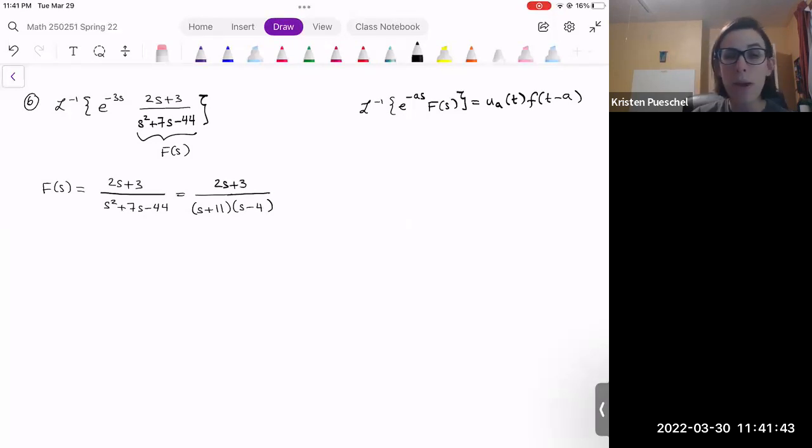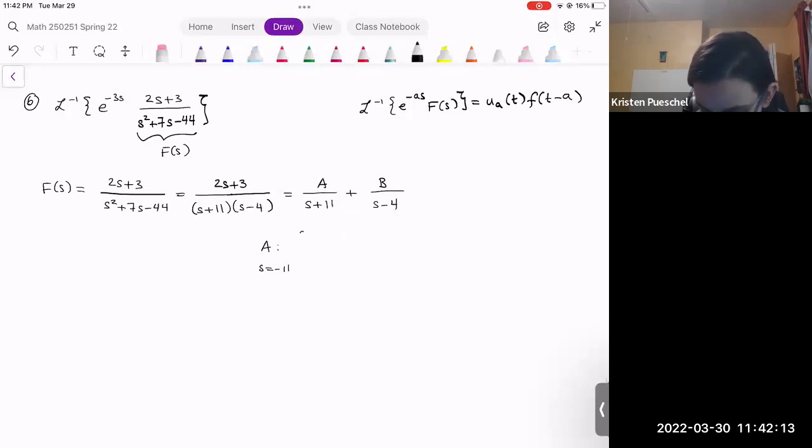Okay. So in order for us to take the inverse Laplace transform, we're going to want to break this up by finding its partial fraction decomposition. So I have A over (s plus 11) plus B over (s minus 4). We can use the cover-up method to find A and B. So for A, we're going to be setting s equal to negative 11.